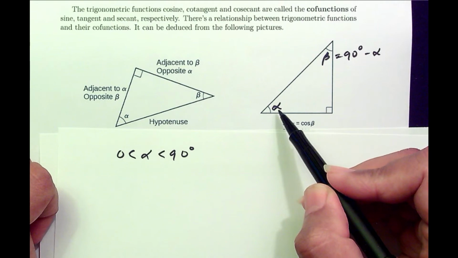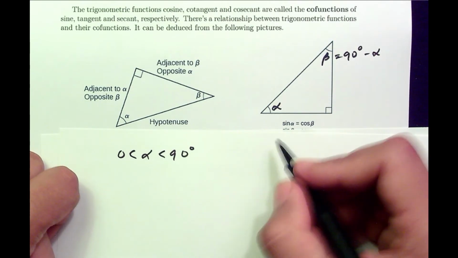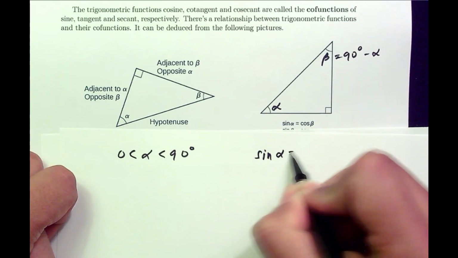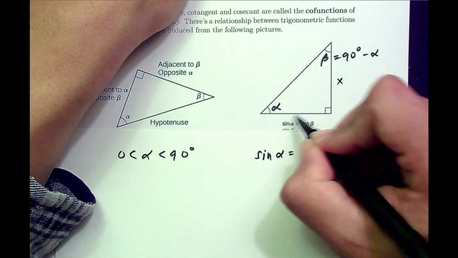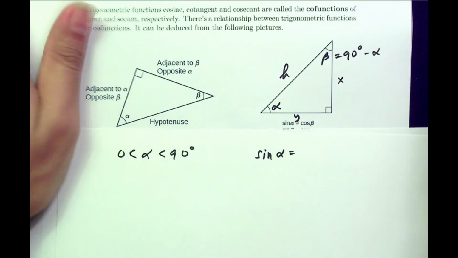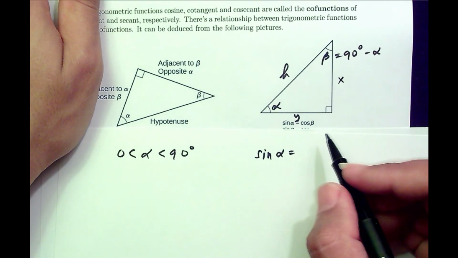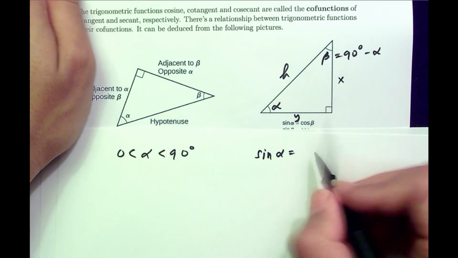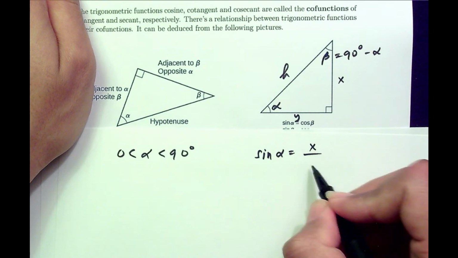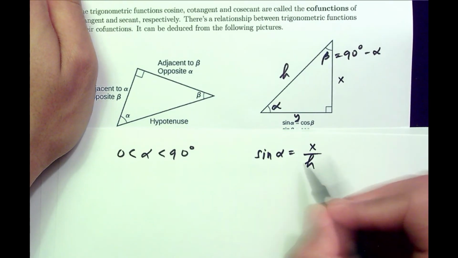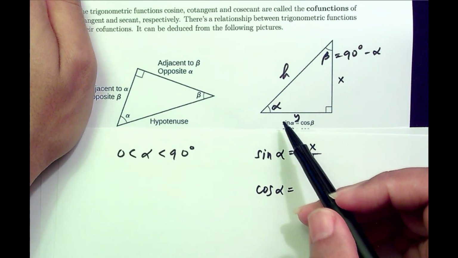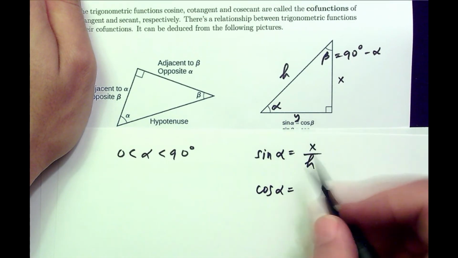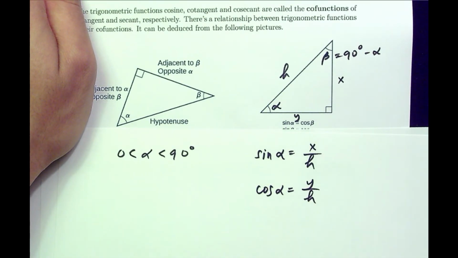If you apply SOHCAHTOA to this angle first, let's start with sine. What would you get? Sine of alpha, and we have to give these sides a name. So let's call this one x and this one y and this one h for hypotenuse. You're going to get opposite, which is x, over hypotenuse. So soh. Now let's apply cosine. We're going to get cosine of alpha. So cah, adjacent. So it will be y over hypotenuse. Okay, that's what we get.